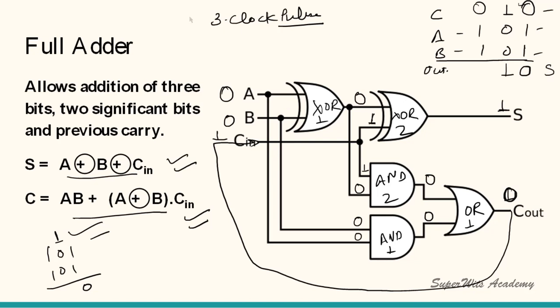So next that we are going to get is both the inputs are 1 and carry is 0 in this particular case. So let me clear this. So the previous carry which we got is 0, so that means Cin is 0, A is 1, B is 1.